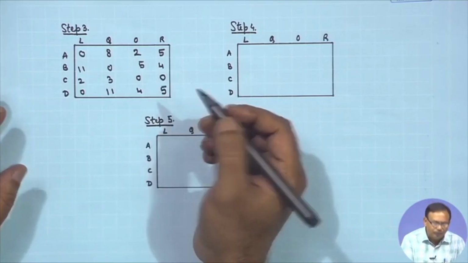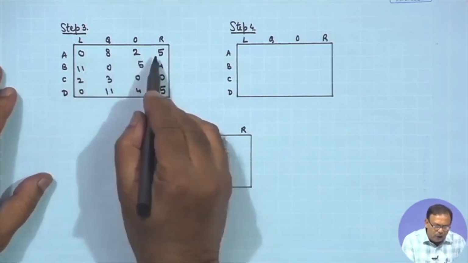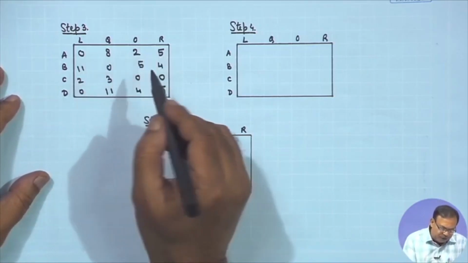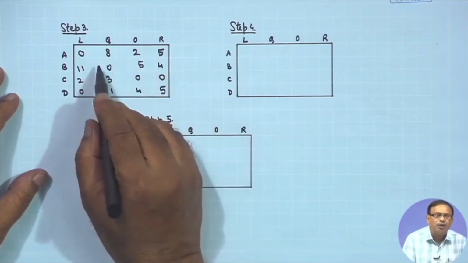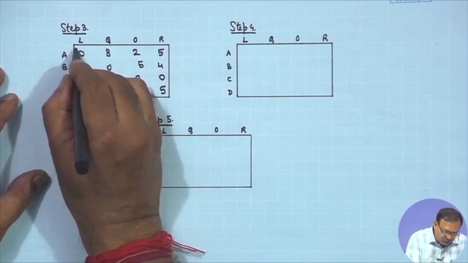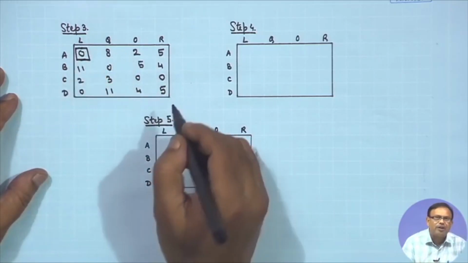Now, in step 4, examine each row carefully first. In each row, you check whether you have only one 0 or not. In the first row you have only one 0, so write it inside a square like this. That means I am assigning.